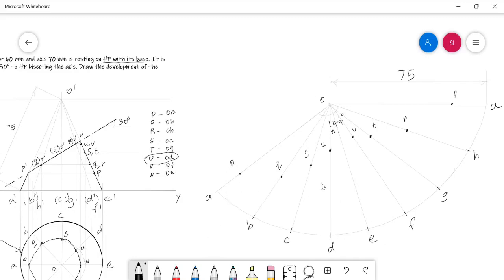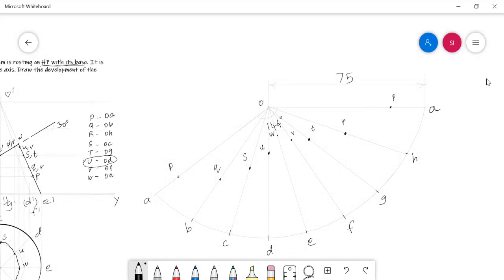After marking all the cut points in the development, first I need to connect all the cut points with a smooth curve. It is not a pyramid or prism, so the cut points need to be connected with a smooth curve, not with a straight line. Use your HB pencil for this purpose. Then the retained portion of the extreme generators only needs to be drawn with HB pencil.